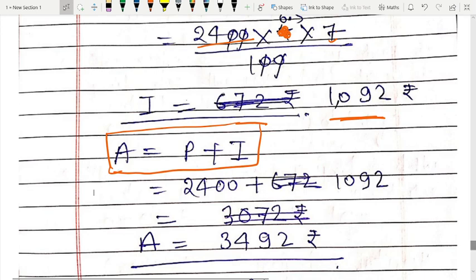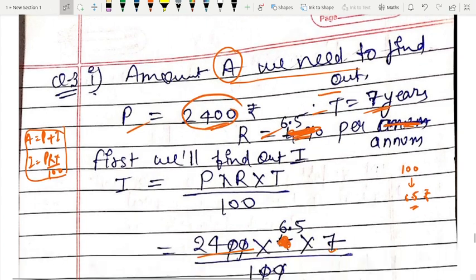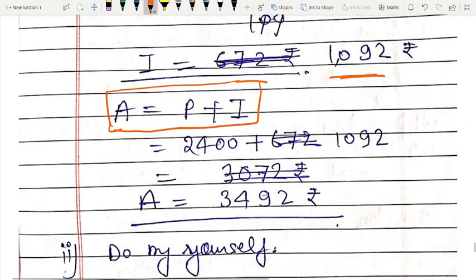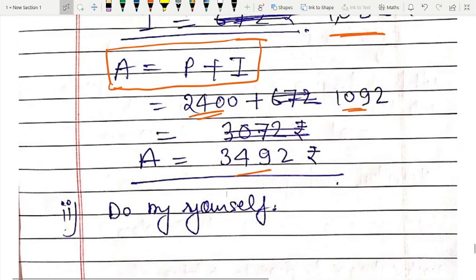See in the question, principal is given here, 2400, and for these P, T and R we have found the interest, and amount will be principal plus interest. Now this formula we will use for amount. So amount is equal to P plus I. Principal is 2400 and interest is 1092. So just add them, you will get the amount. That is your answer. Second part you will do by yourself in the same manner.